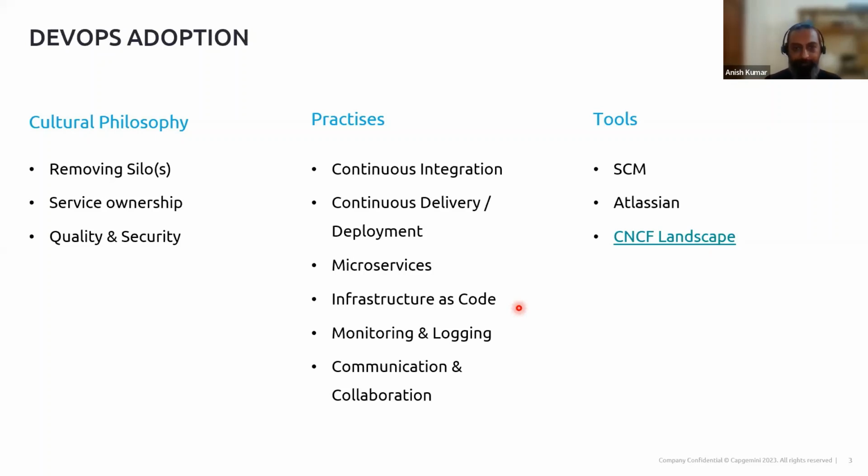The last aspect is communication and collaboration. So communication and collaboration is going to be key when we talk about removing the silos. So there are different ways of implementing DevOps. There are a few implementations which still have the development and operation teams working in different Scrum or DevOps teams.